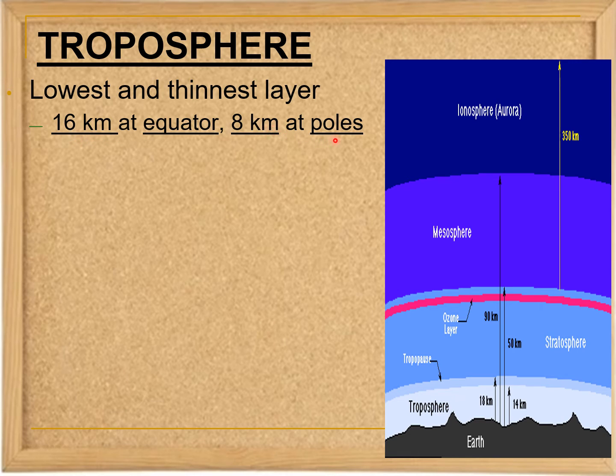And for the poles, the North Pole and the South Pole, the height of the troposphere there is only 8 kilometers. You might be wondering, why is it higher at the equator and lower at the poles? What do you think?